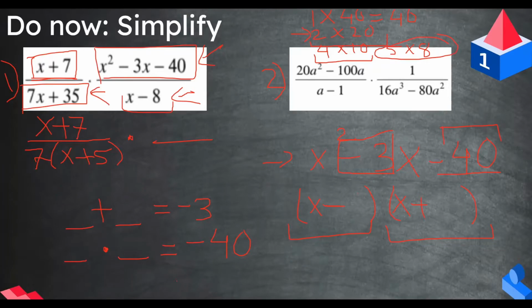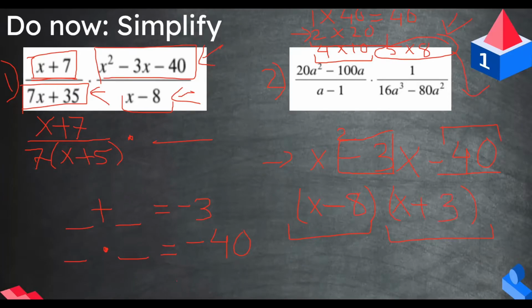Once you figure out the two numbers that give you the product you are looking for, and will add up to the middle coefficient, you know that the bigger number goes in the first parenthesis.